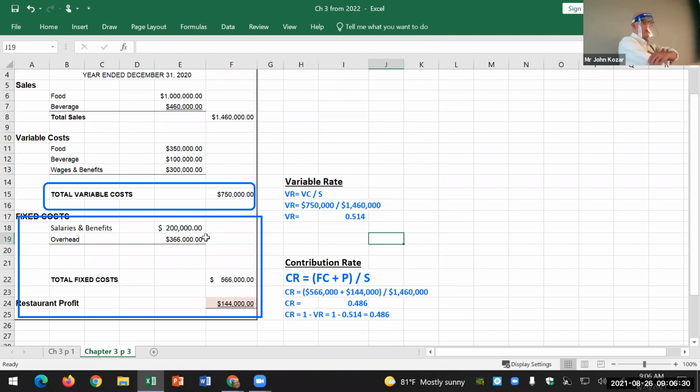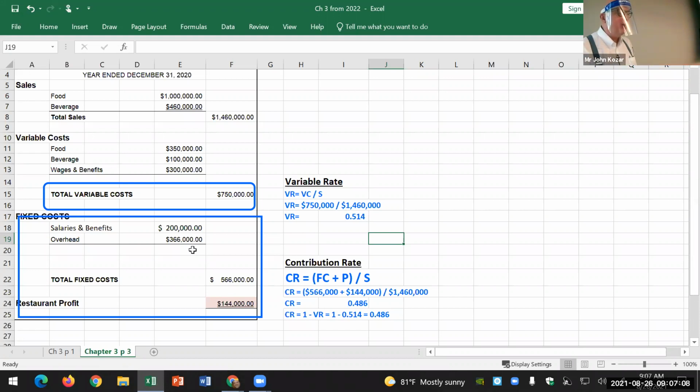The contribution rate is going to be the fixed cost plus the profit divided by total sales. So we can calculate this both ways. We can either subtract the variable rate from 1 to get the contribution rate, or we can do the actual division and calculation to get the contribution rate.